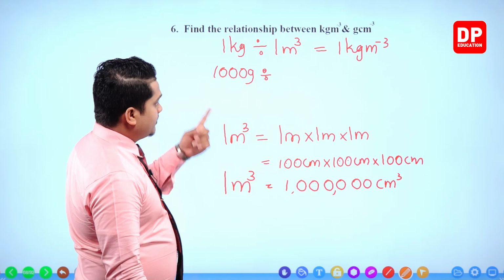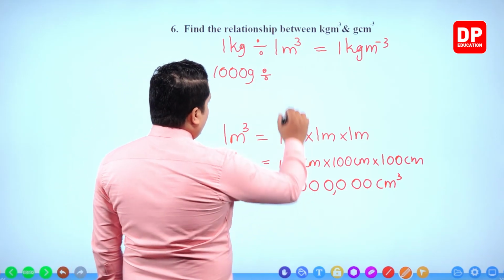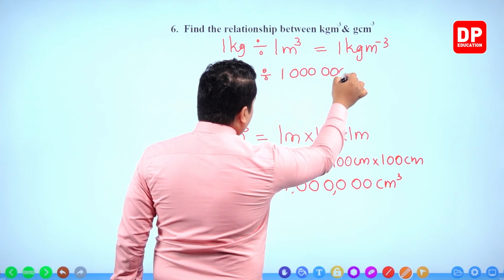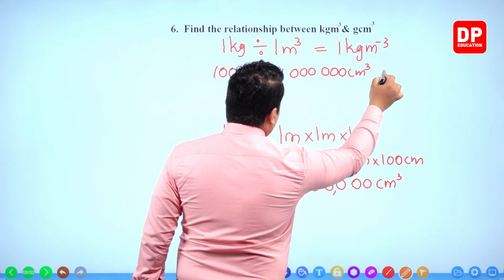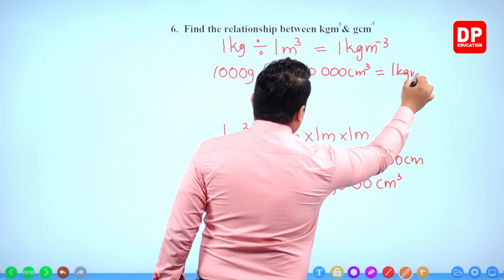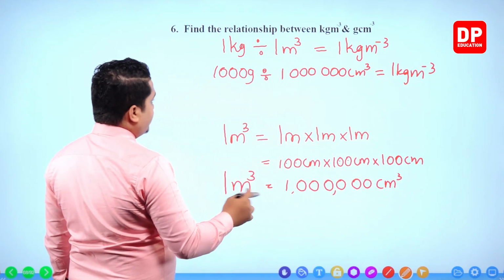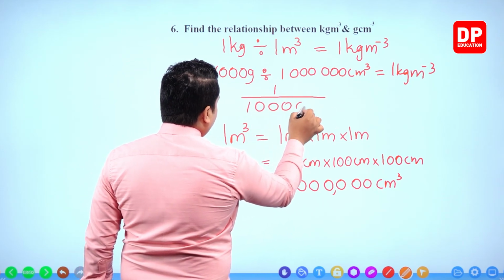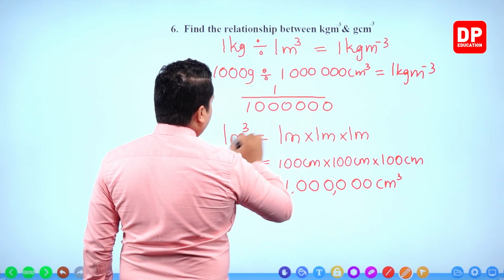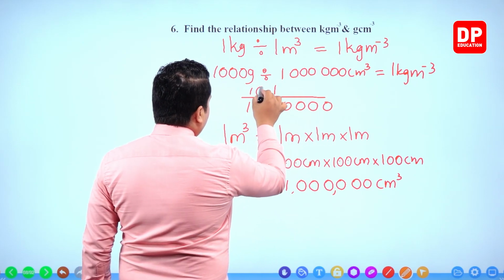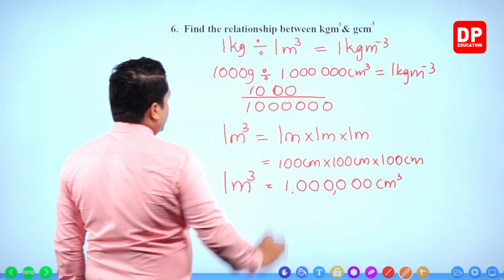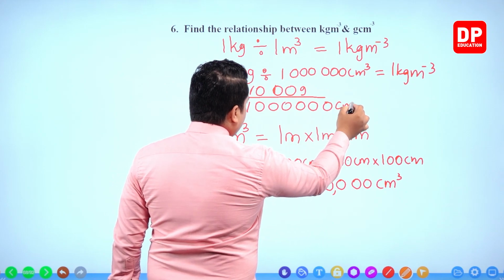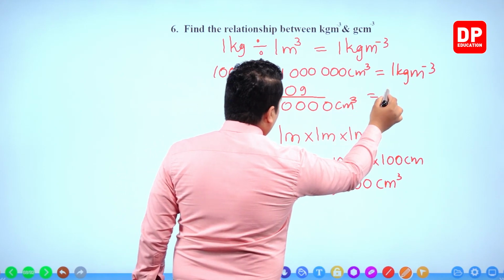Now let's go for the other thing. So it is equal to 1 million cubic centimeters. Now let's divide and get the answer. 1000 grams over 1 million cm to the power 3.